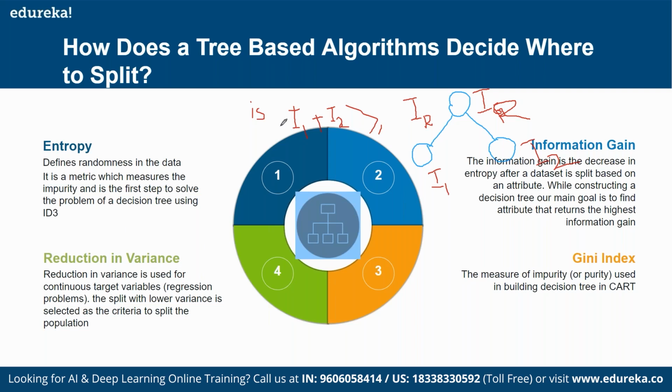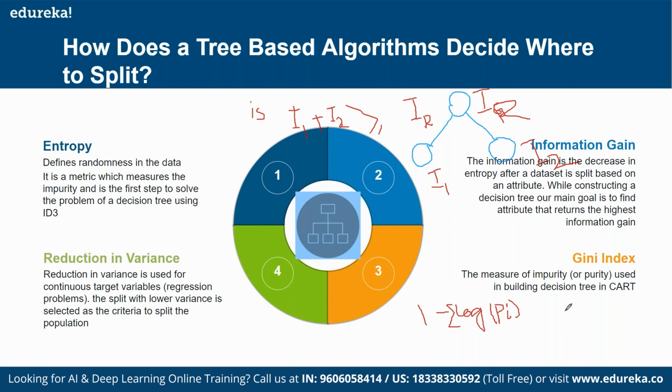And how do I calculate I1 and I2? It is again based on the probabilities. It is the minus of log of the PIs. That is how we formulate the entropy. So I1 is basically 1 minus sum over the log of PIs.